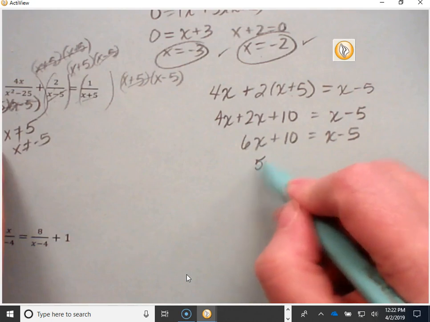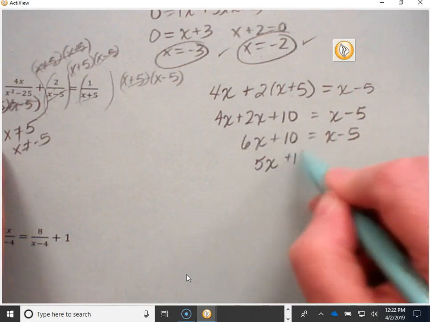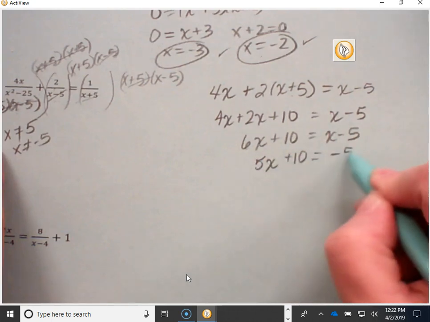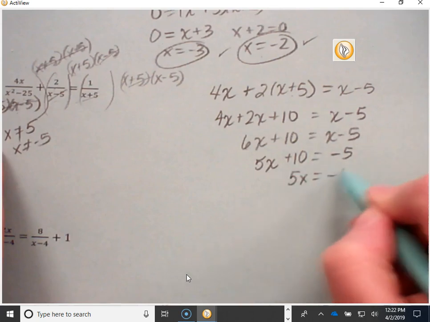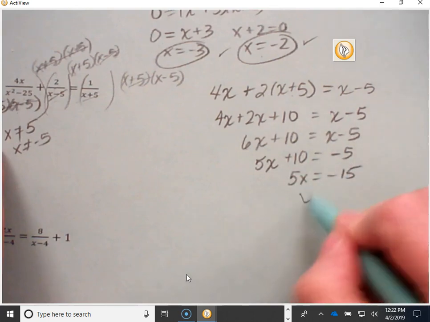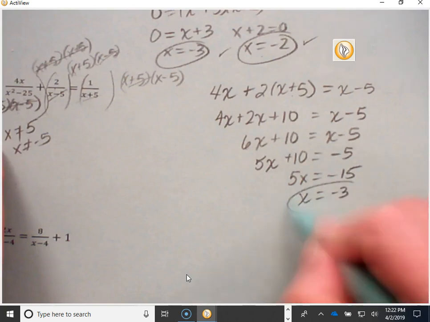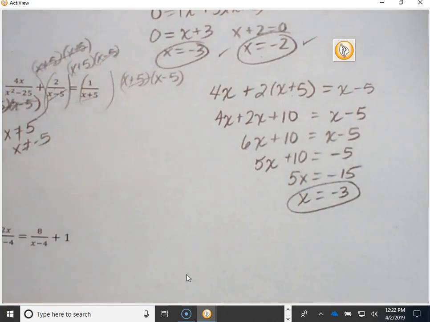So 5x plus 10 equals negative 5. So 5x equals negative 15. So x is negative 3. That's not either one of those answers. So we're good to go. Okay?